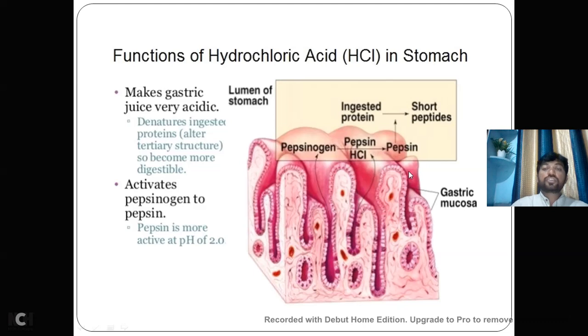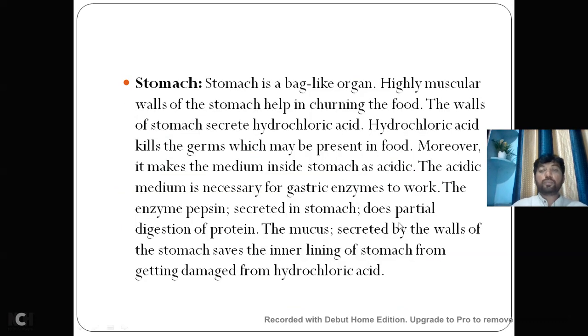Then the stomach also secretes mucus. Let us understand the function of mucus. The mucus is secreted by the walls of the stomach, which saves the inner lining of the stomach from getting damaged by the hydrochloric acid. As you know, hydrochloric acid is a very strong acid. It can damage any cell, right?